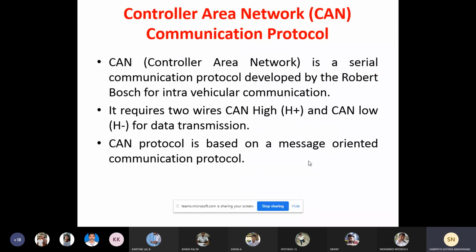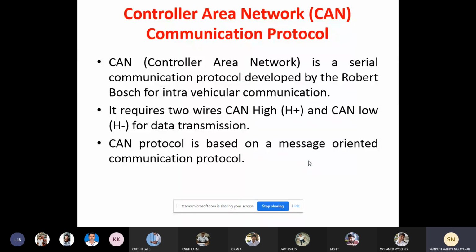Next, another important communication protocol is the CAN. It stands for Controller Area Network. This protocol is used in automotive industries to connect various modules in a car. It requires 2 wires, CAN high and CAN low, for data transmission.